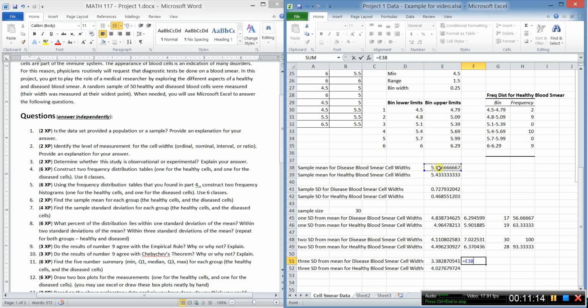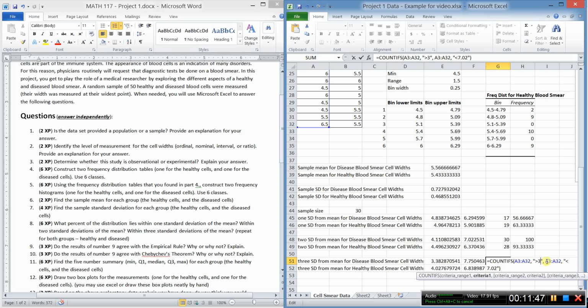The mean plus 3 times the standard deviation. And this one would be the mean plus 3 times the standard deviation. Okay, we can take our COUNTIF functions, Control-C, Control-V, Control-C, Control-V. Okay, change the numbers.